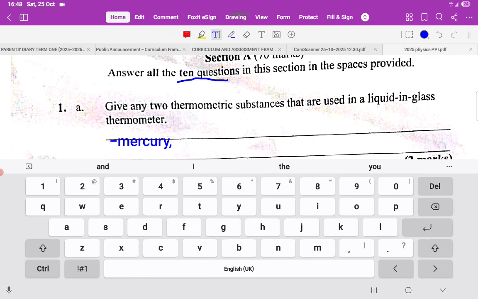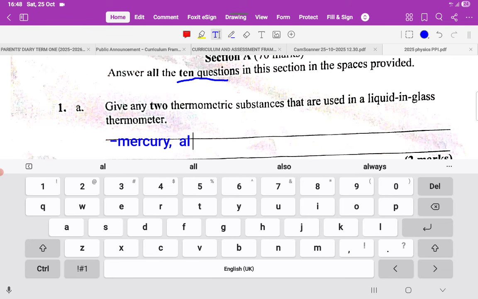They may ask you in an exam why mercury is used as a thermometric substance. It's because it expands uniformly with temperature, and it is also a good conductor of heat. Another one is alcohol.